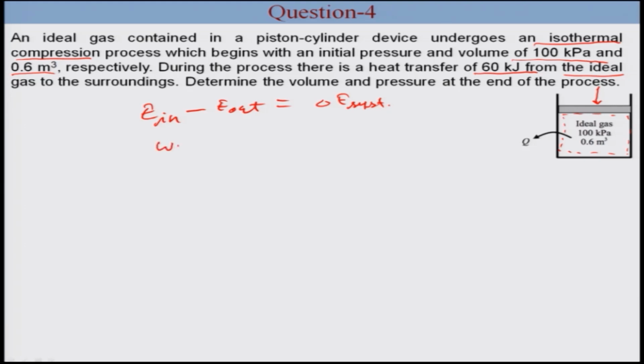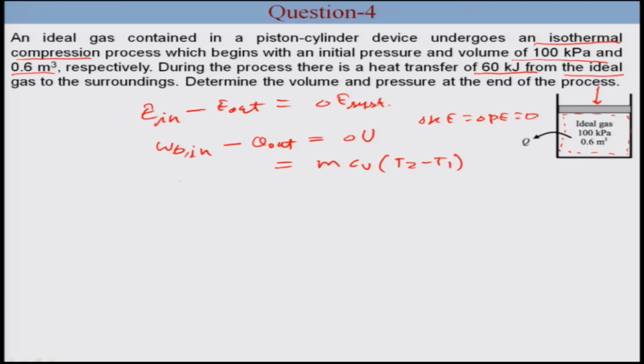So that work in is the energy coming inside the system, and since it is losing its energy to the surroundings, that becomes our Q out, and delta E of the system will be the change in total internal energy because the system is stationary. So delta KE and delta PE will be 0. Since this is an ideal gas, delta U will be m Cv delta T, that is T2 minus T1.